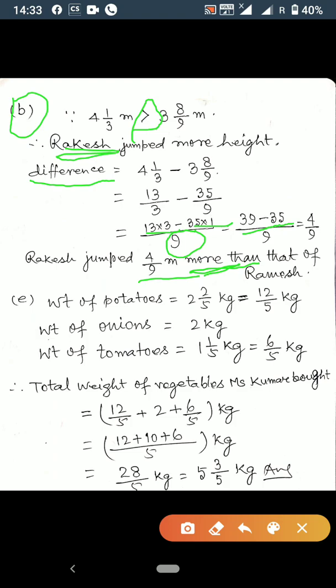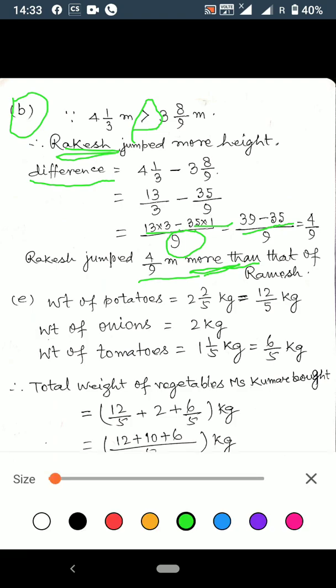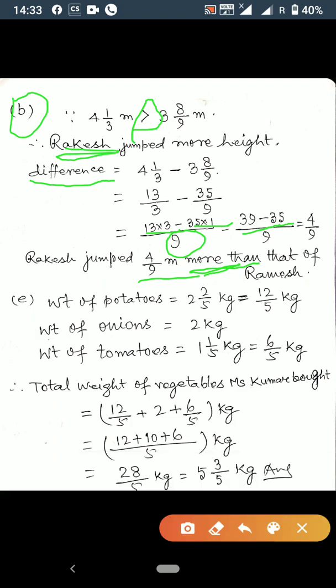Now question E. Master Kumar bought 2 whole 2 by 5 kg potatoes, 2 kg onions and 1 whole 1 by 5 kg tomatoes. Find the total weight of vegetables Master Kumar bought. So write it. Weight of potatoes 2 whole 2 by 5 kg equal to 12 by 5 kg. Weight of onions equal to 2 kg.